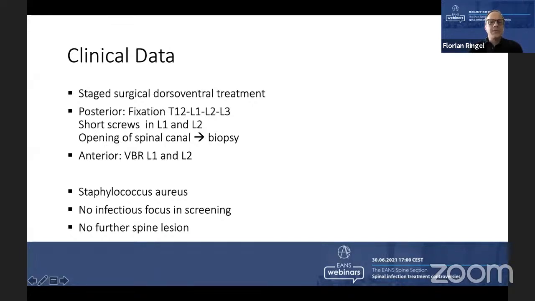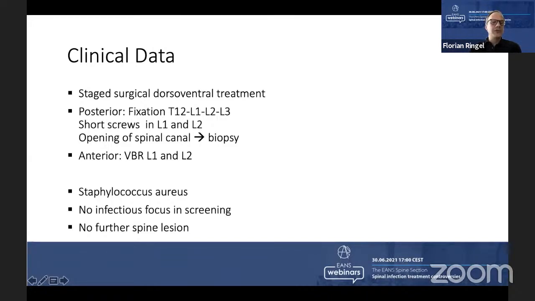As an initial step, a posterior fixation from T12, L1, L2, and L3. We placed short screws in L1 and L2 in order to still have the opportunity for an anterior approach, open the spinal canal, get a biopsy. Now, as we decided early on that we're going to take this patient to surgery, we did not have CT-guided biopsy or anything before the intraoperative biopsy.